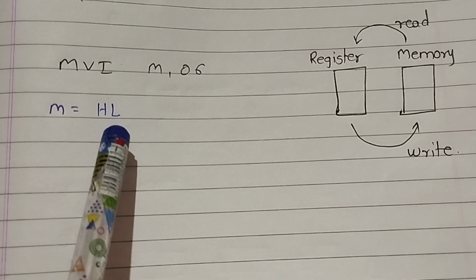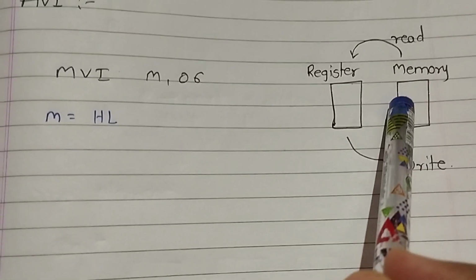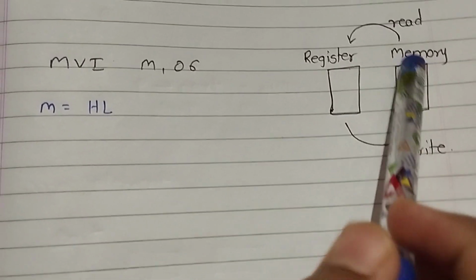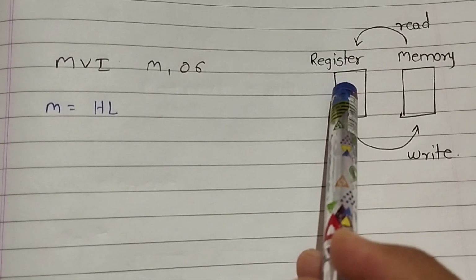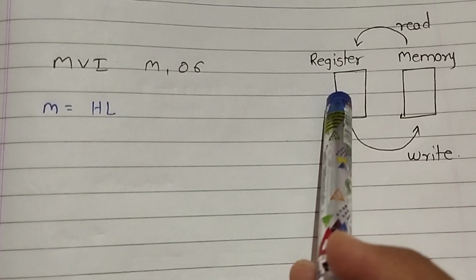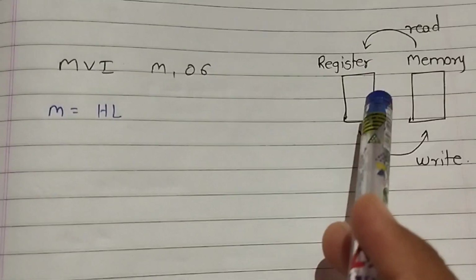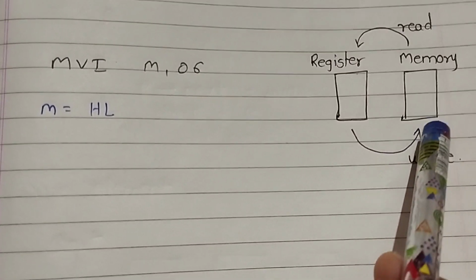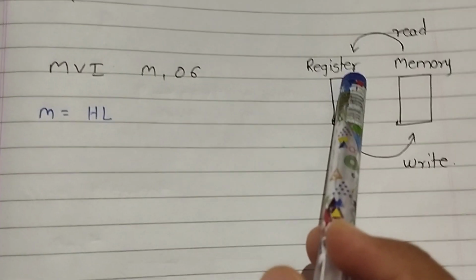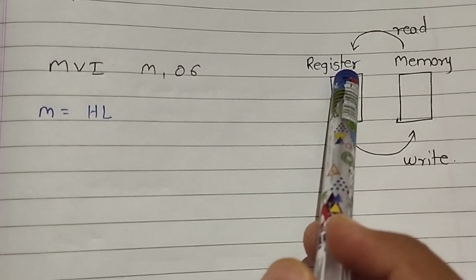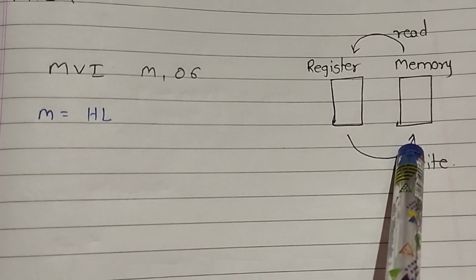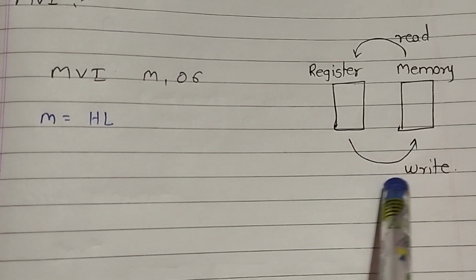So first 06, which is present in the memory, goes to the register, then it is stored in register H and L, then copied back into the memory. So first we read the data, then we write again into the memory. So we write the data.